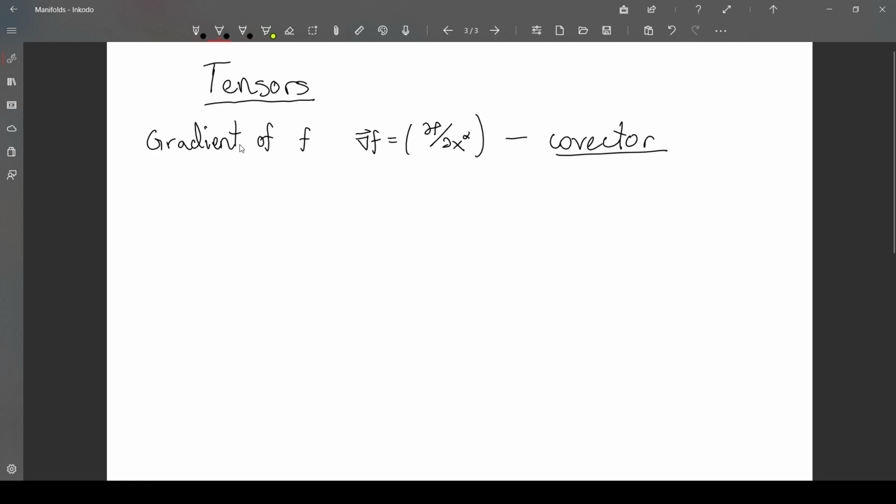So what is a covector? Well, first let's look at what transformation rule this object satisfies, because here we're defining the gradient in terms of x, so this is coordinate specific.